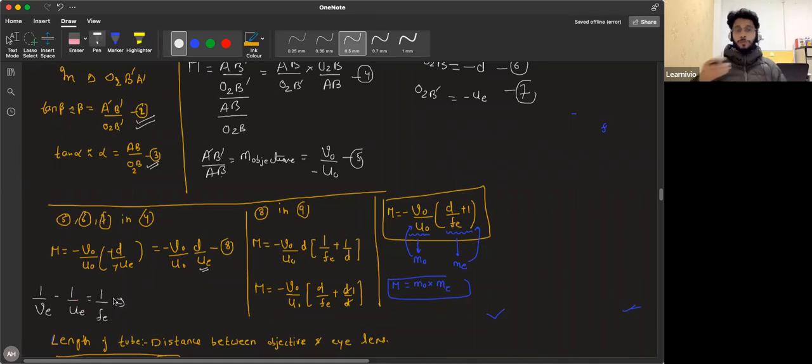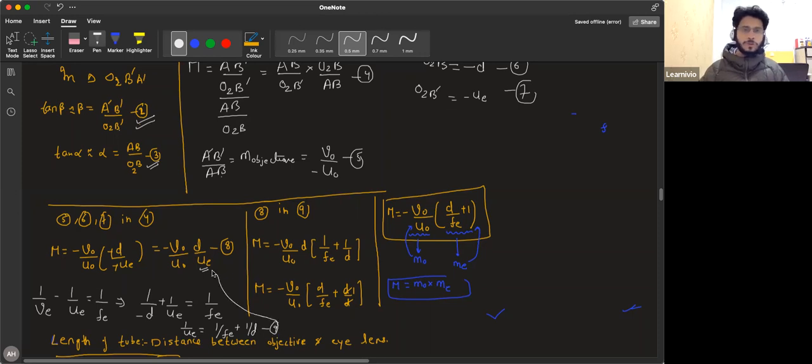Now, if I substitute all values with the proper sign convention, what is VE for the eye lens? It's minus D. UE is negative, so I can write this as 1 by UE, which is 1 by FE. Or I can write 1 by UE is 1 by FE plus 1 by D. And I call this equation number 9.